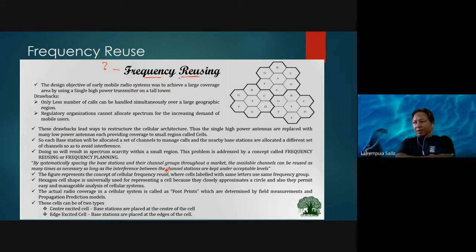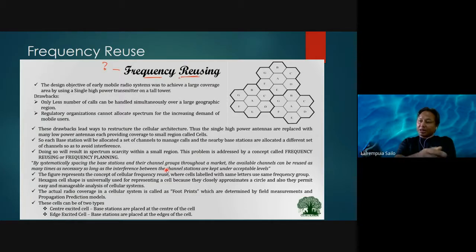To overcome this, the single high power antenna is replaced with many low power antennas. Without using a single high tower to cover a single city or metro city, it is divided into small towers with low power transmitting antennas. Each provides coverage to a small region called a cell.